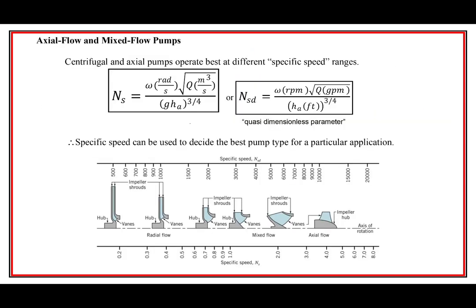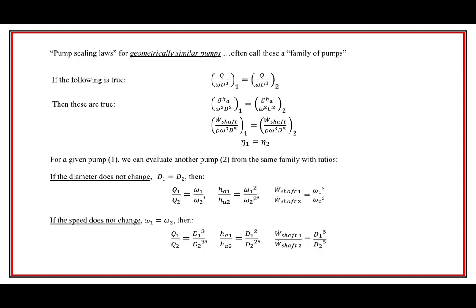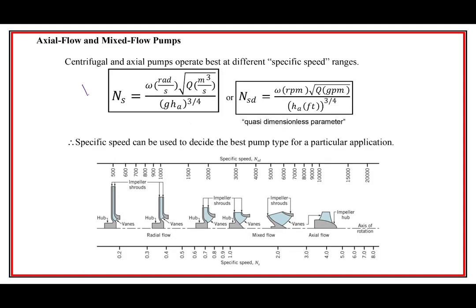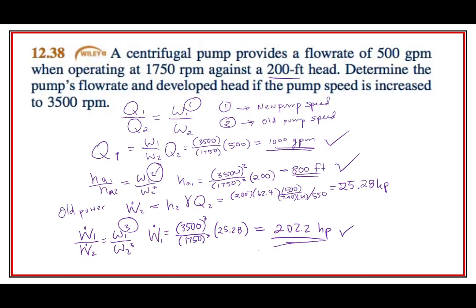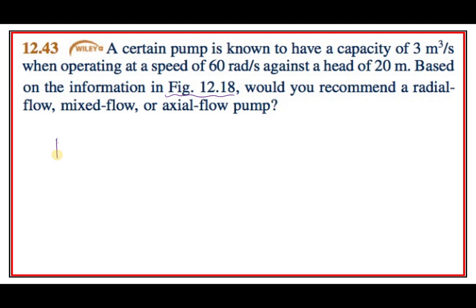All right, so I'm going to use this equation right here, and we're going to come back to this chart to pick it out. So this N_S is equal to omega square root of Q, divided by (g times H_A) to the 3/4.